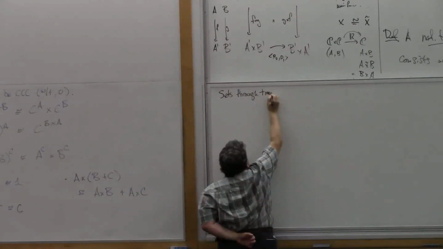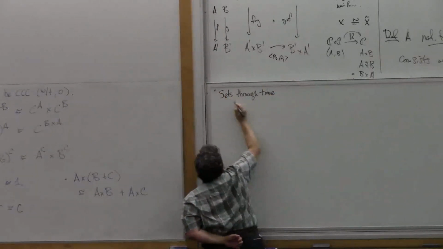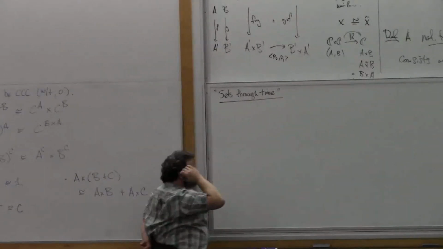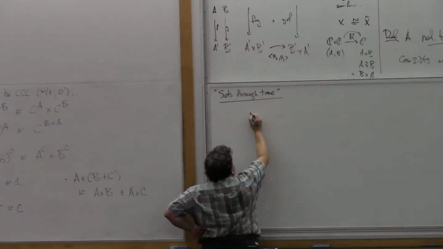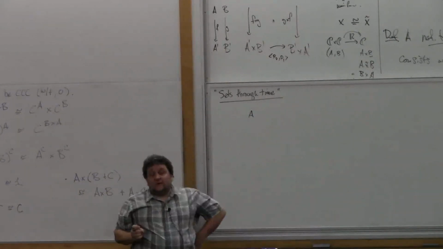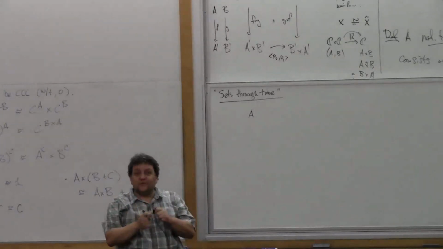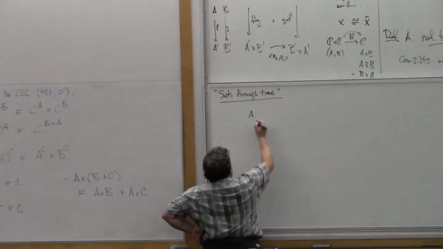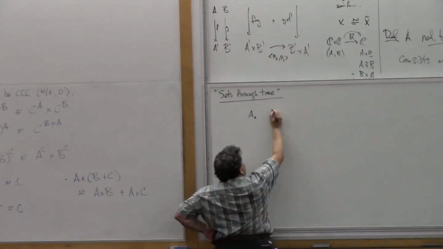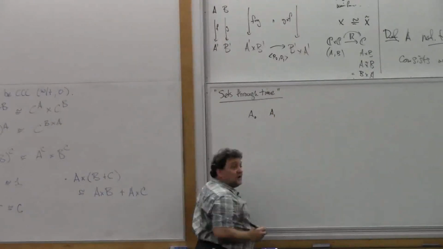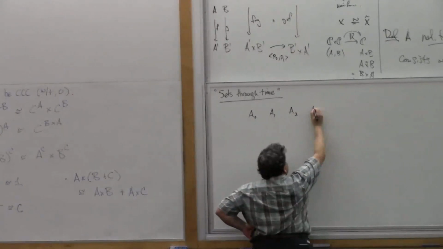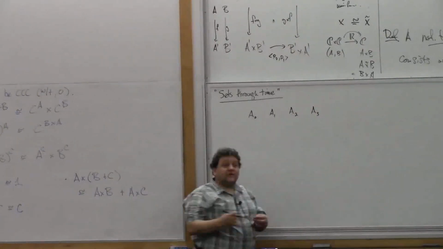And of course, you can change all kinds of things through time, not only sets, but a set through time is the following thing. Here I'm talking about discrete time. So there are moments of time, 0, 1, 2, 3, 4, and so on. Okay, discrete moments of time. So there's a set A0 at 0, and a moment later, at 1, there's another set A1. And a moment later, there's another set A2, and so on, forever and ever. So this is a set, and it's evolving through time.